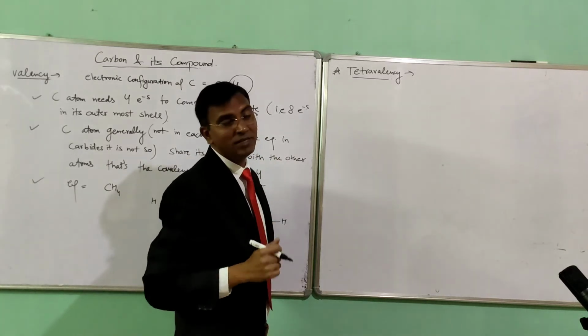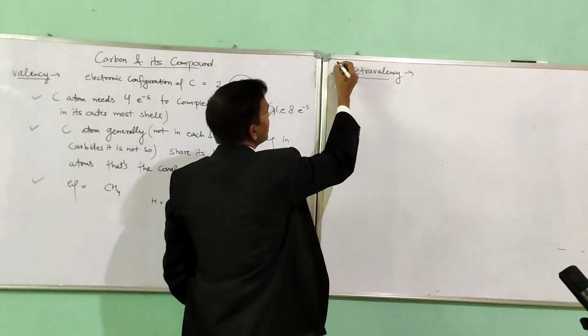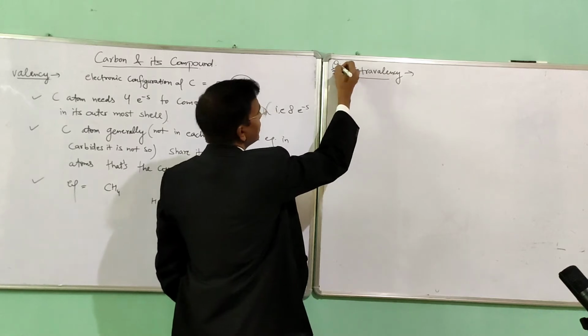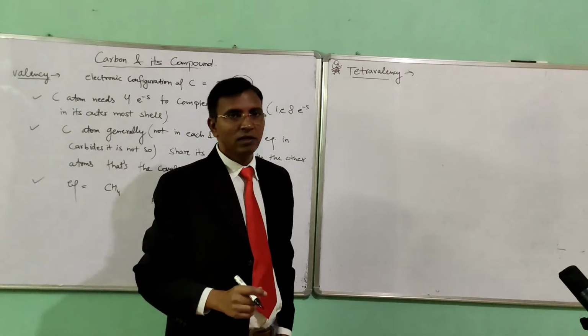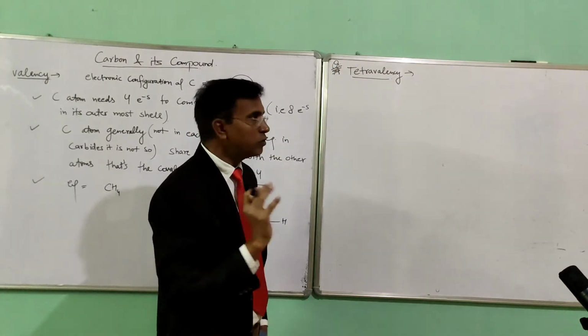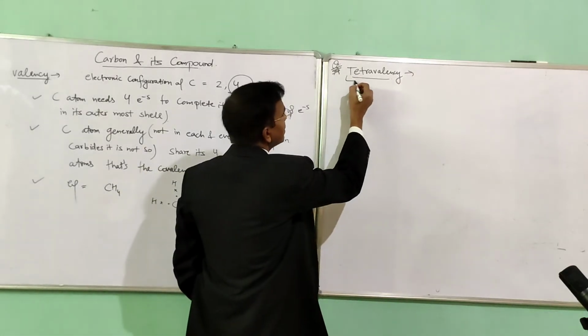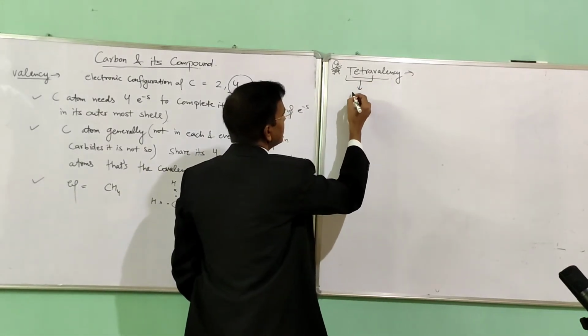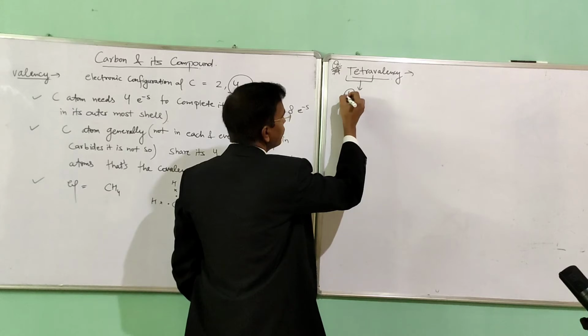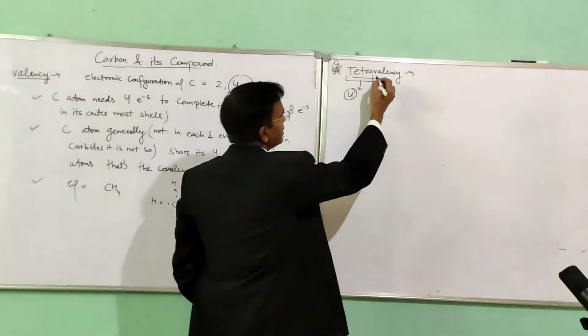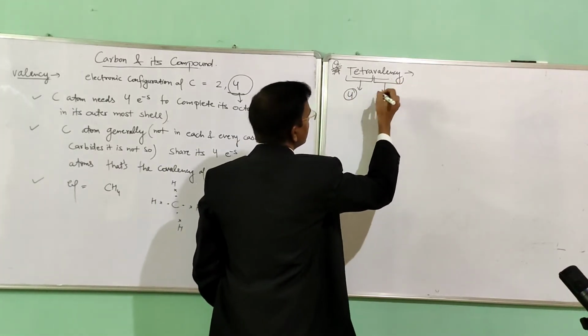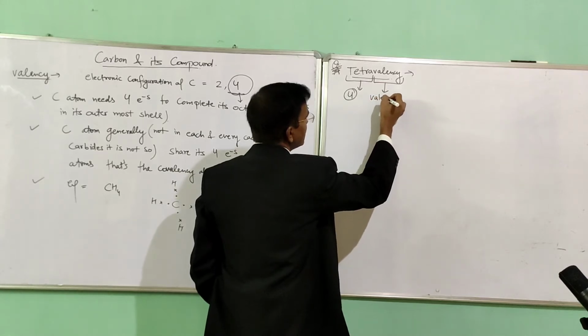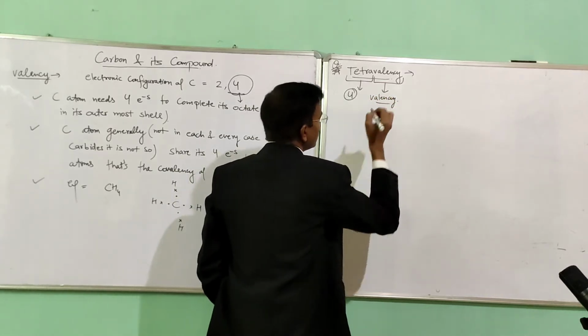It is the question that arises here. What is the tetravalency? So tetra means 4. This tetra indicates the number 4, right? And this valency represents the valency, right?